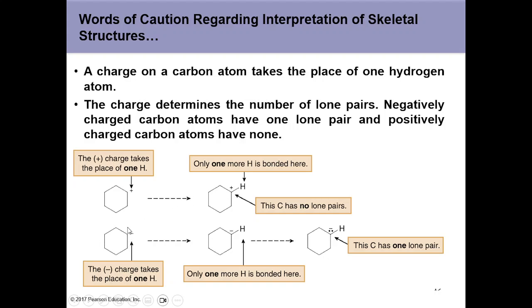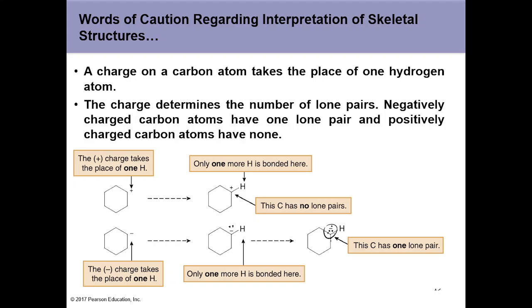If the skeletal structure shows a cyclohexane ring with a negative charge next to a carbon, that means this carbon actually has 1 hydrogen attached to it, but it has another lone pair here as well. So this carbon has actually 5 associated electrons.